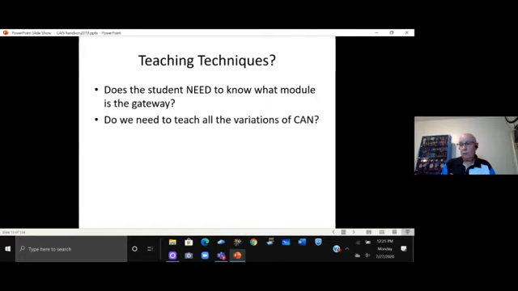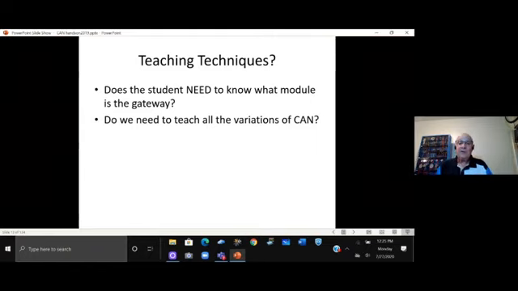Okay. Do we need to teach all the variations of CAN? I don't think so. I really don't. I've talked to shop owners, and shop owners say, when I get somebody from your school, I'd like them to come in. First of all, I'd like them to really know the basics. I recognize that they can't know exactly all the differences and innuendos of particular vehicles.